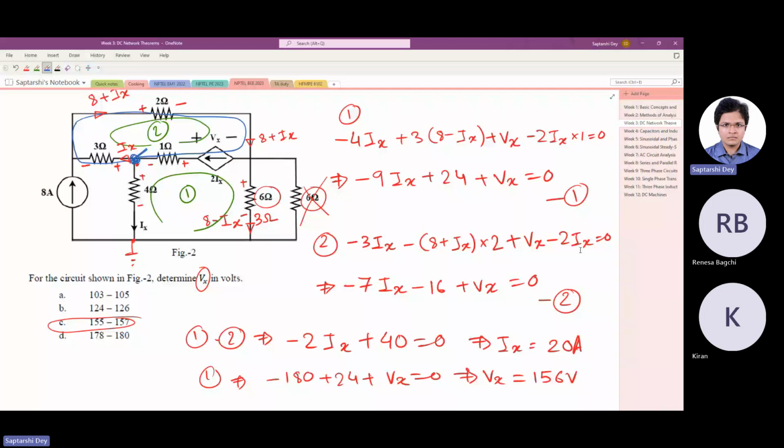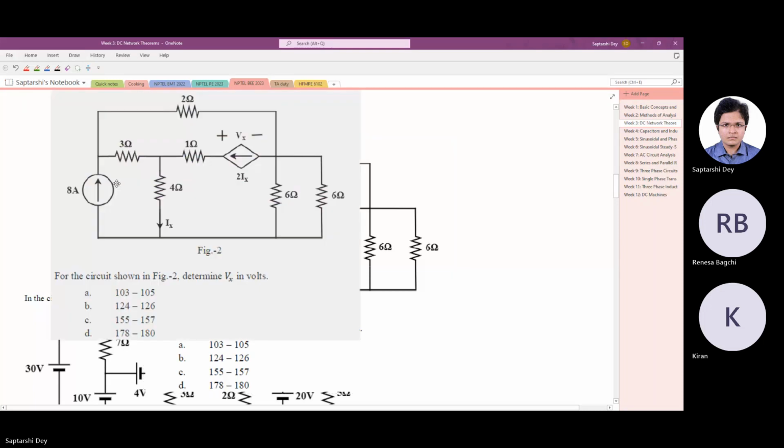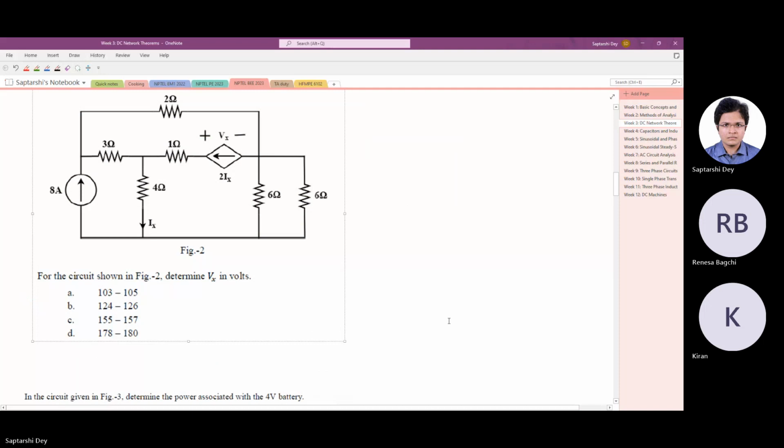Let us see if we can do it with node analysis. Okay, maybe instead of just taking unknowns, we will try to derive as much as we can first. Let us see.